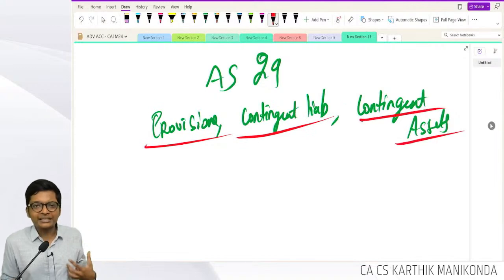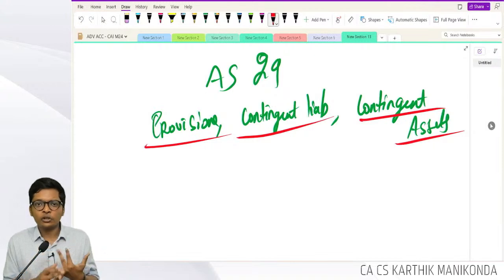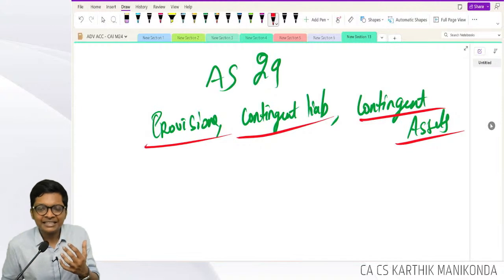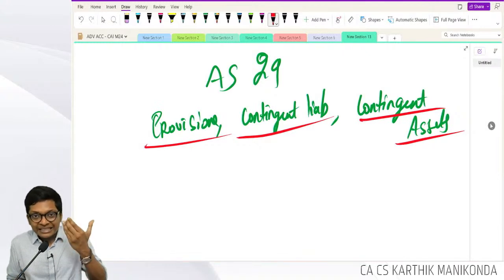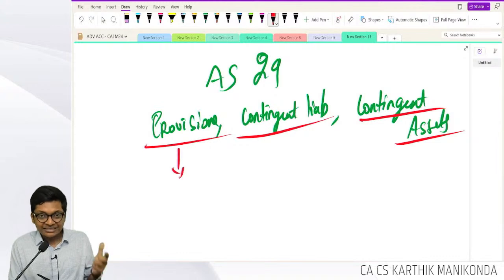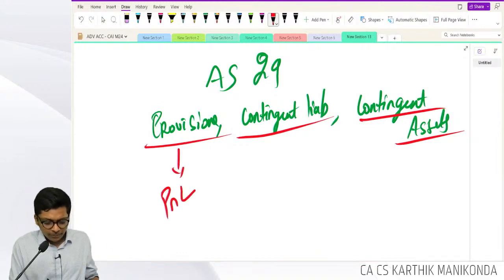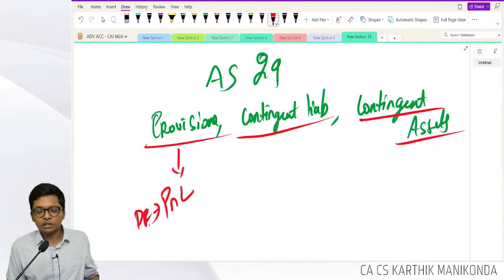To give you a quick taste of what is what, a provision is like provision for tax, provision for doubtful debts, provision for gratuity. Something that I will definitely incur and definitely have to pay. Contingent liability, it's not certain, guys. May or may not. Contingent asset, I might receive. So provision, since it's definite, I will account by debiting my profit and loss account.